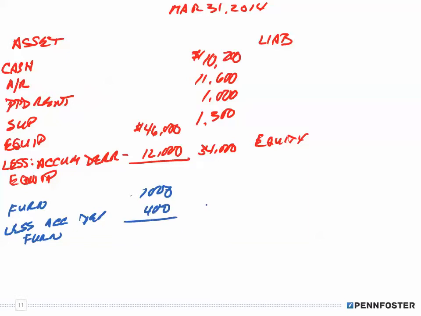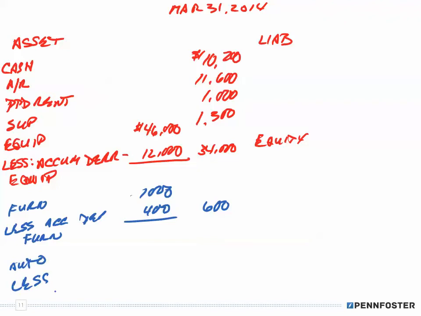Well, that would go here. So now we know that this 600 is the net book value of the furniture. And for every asset that you have, you're going to have the depreciation, and you just keep on going down the page.